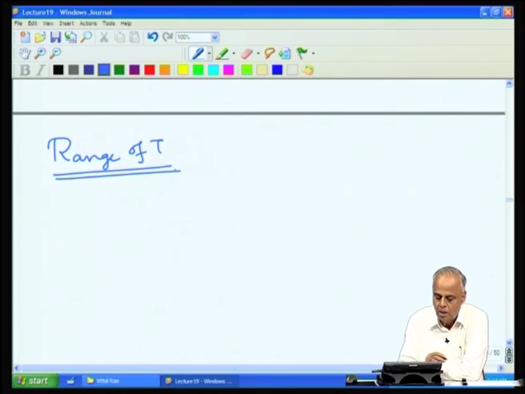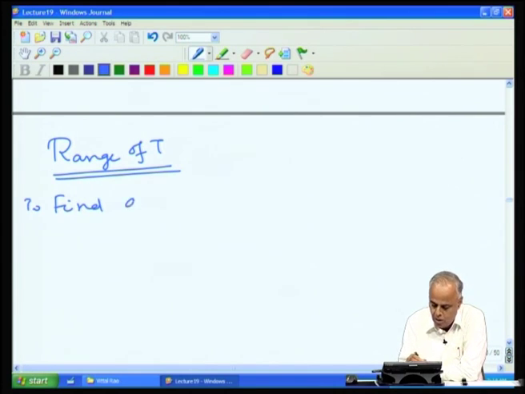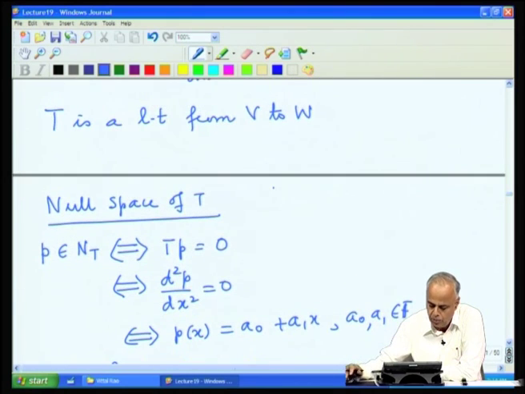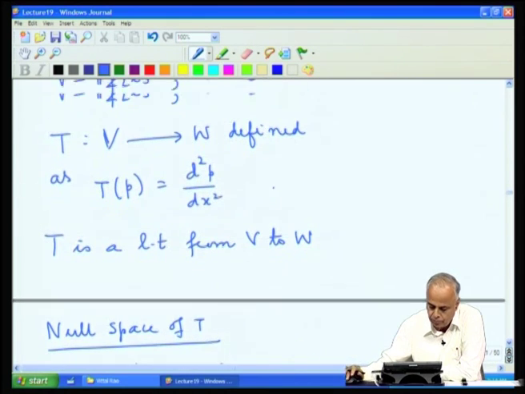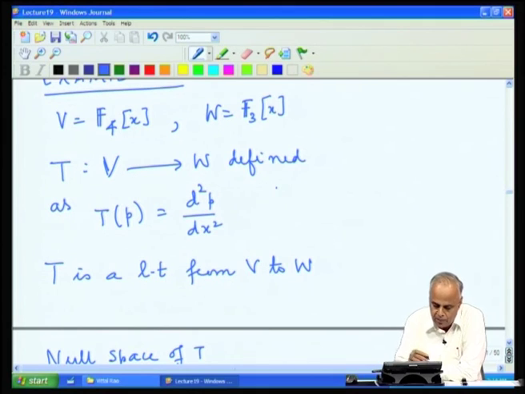The range of T: we want to find all polynomials P in the W space, which in this case is F3x.